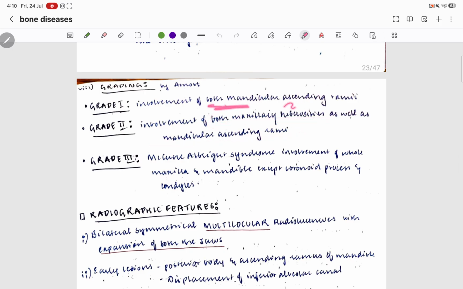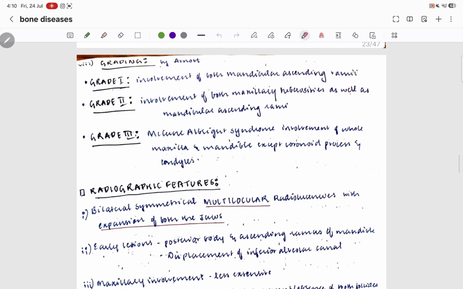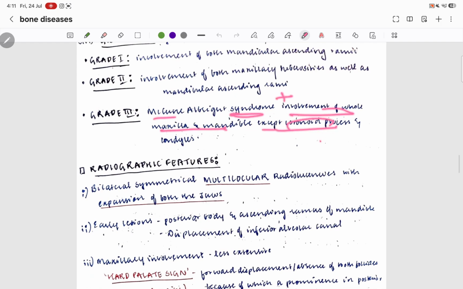Here only mandible, here maxilla and mandible. Grade 3 involves the whole maxilla and mandible except the coronoid and condyle.